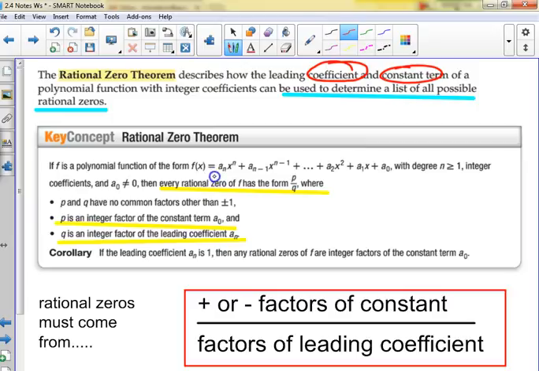All right, so if you have a polynomial function, every rational zero comes from the list of P over Q, where P and Q have no common factors. Where do P and Q come from? Well, P comes from the factors of the constant, and Q comes from all the factors of the leading coefficient.